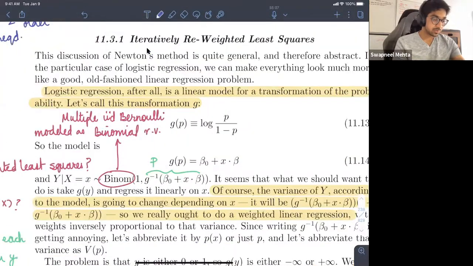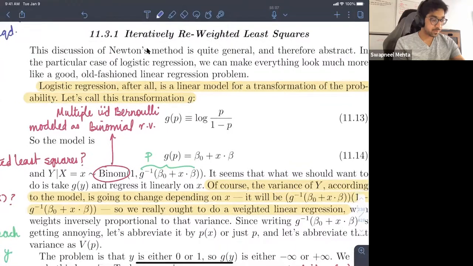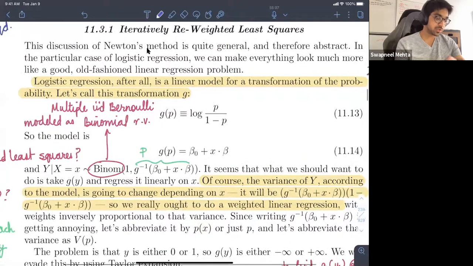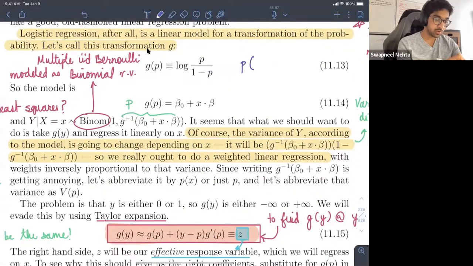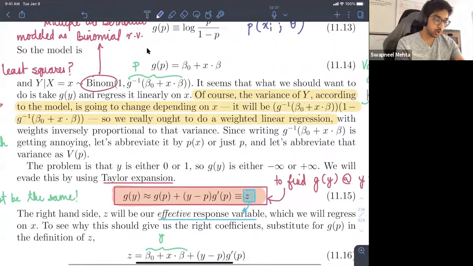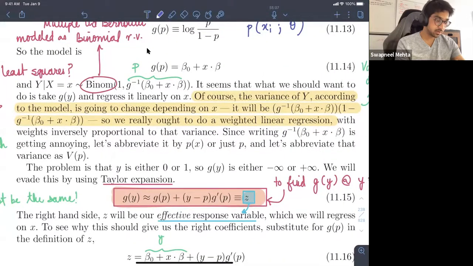So what we did with logistic regression is we built a model for p for every xi. I shouldn't say beta, I should say theta. Theta is equal to beta. And we use this model to fit y.